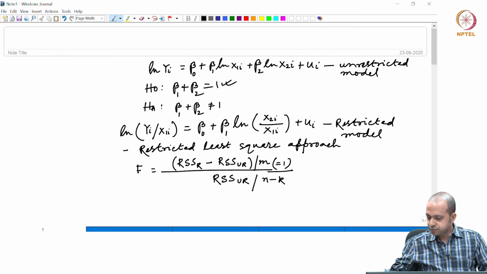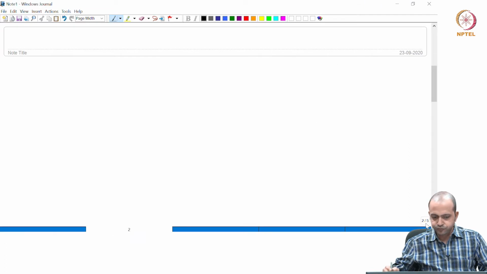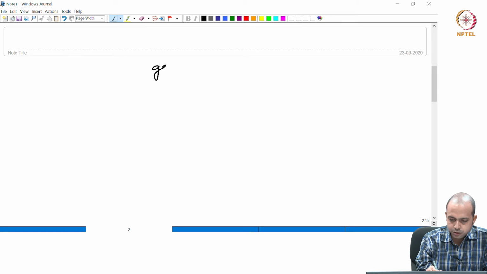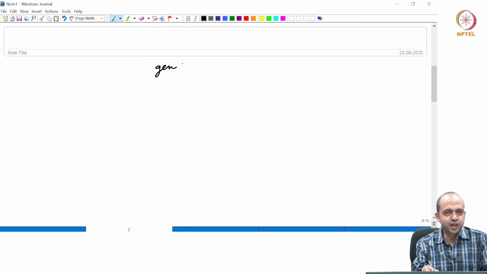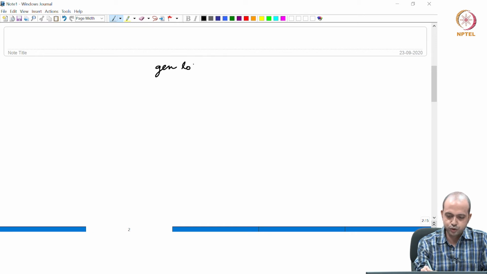The command is gen, and you have to put a name. When converting the output variable, you can put any name. Let us say I am giving L0 as the variable name, defined as ln, then in brackets output.